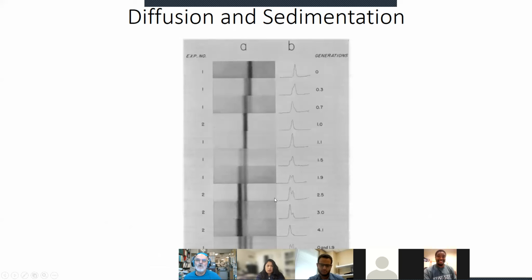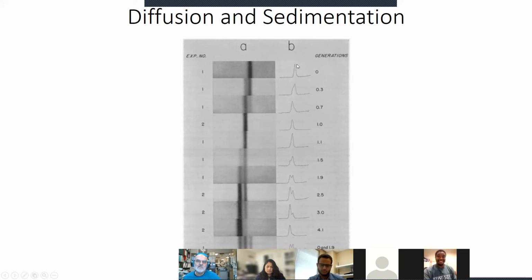So the idea was that generation one would grow up with a certain isotope and give you a band that migrated to a second band as it incorporated a different isotope. You grew it up in one isotope, then changed isotopes and allowed it to go through another generation, so the bacteria obviously had to be timed.